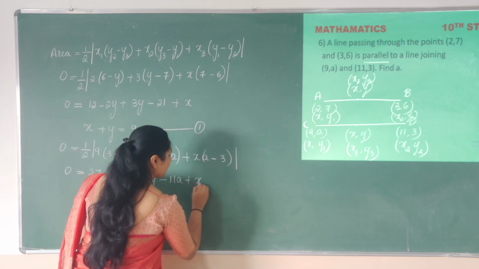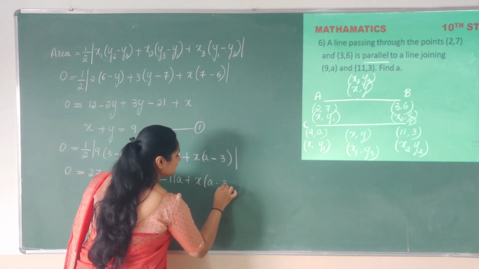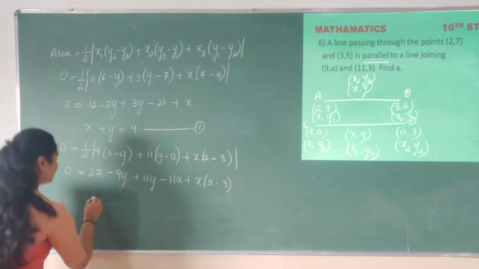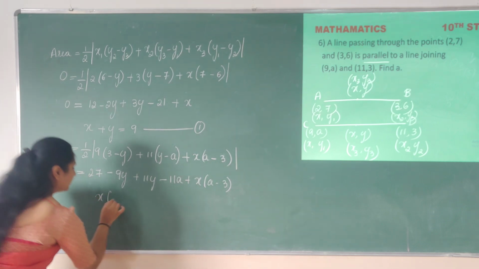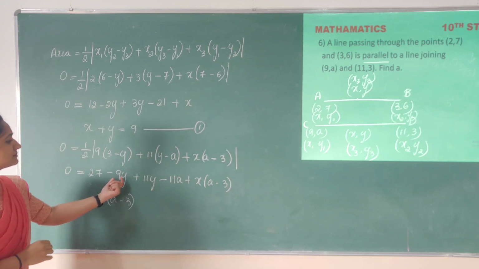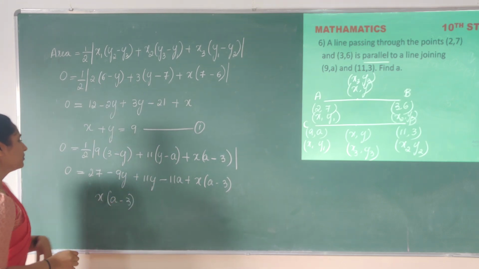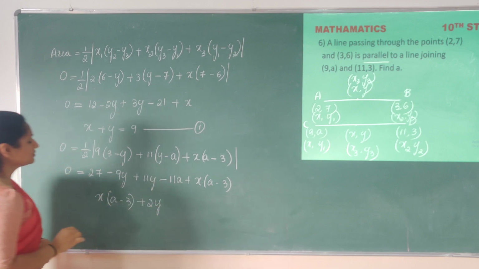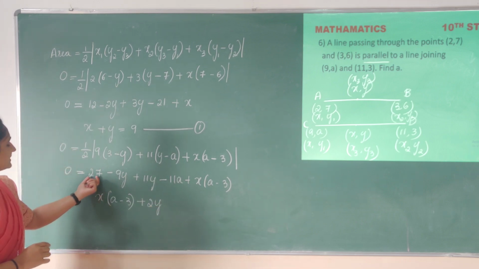Now the simplified equation: x(a minus 3), and minus 9y plus 11y is plus 2y, and 27.